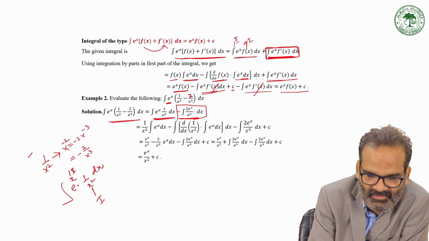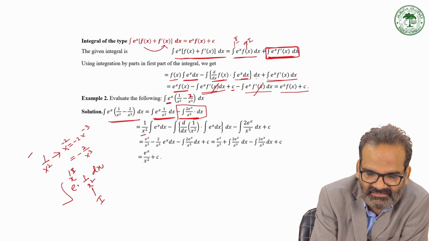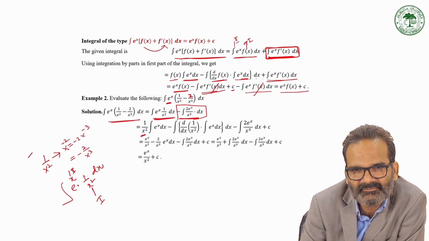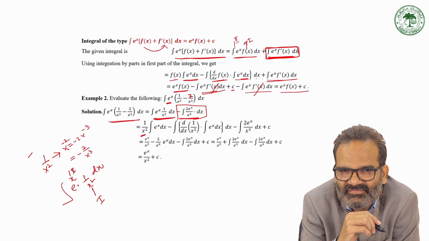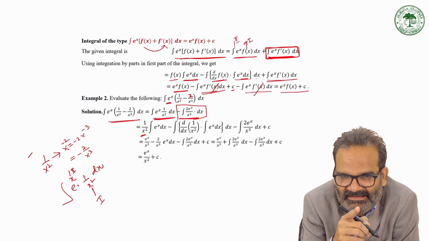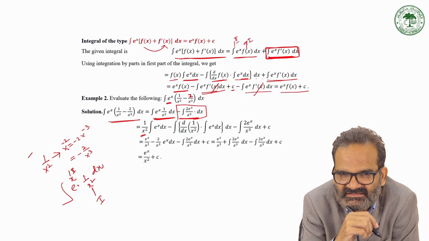First function is 1 upon x square. So 1 upon x square as it is, into the integral of the second function. See, integral of e raised to power x dx we have written, minus the derivative of the first function.